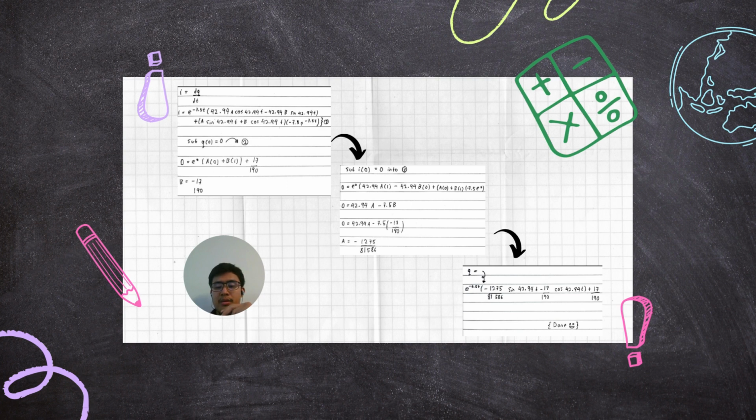Next, we substitute I(0) equals 0 into equation 3.